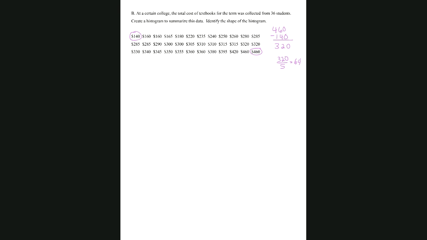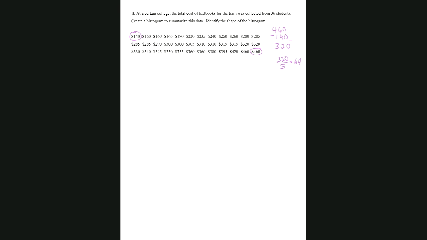We could, 320 is divisible by 2, so I wouldn't want 160 classes, so I wouldn't use that, but that's basically how I would do it. I would just look and I would say, I noticed here that this was 0, so it's divisible by 5, so let's break this up into 5 classes, 64 possible data values each class.